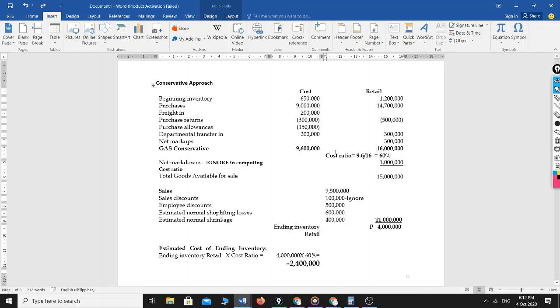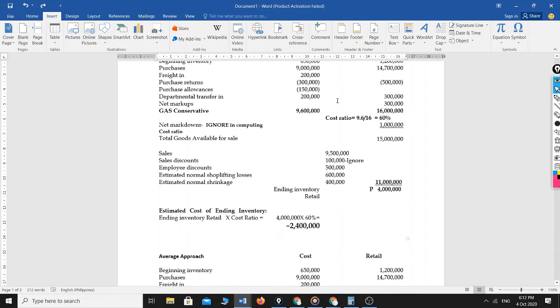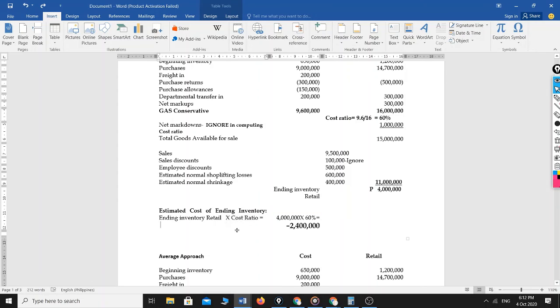When we say cost amount, that is the company's capital, while the retail amount already includes the company's markup. After computing the goods available for sale, you divide 9.6 million by the retail 16 million. Then you get the cost ratio. After having the cost ratio, just like what we did before, you multiply the cost ratio by the ending inventory at retail to estimate the cost of ending inventory.